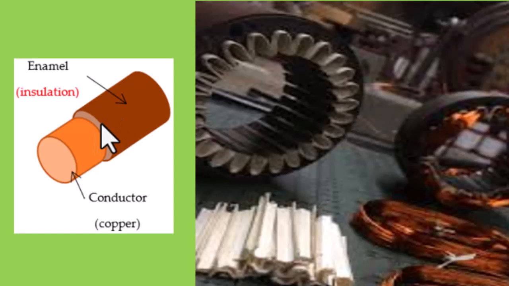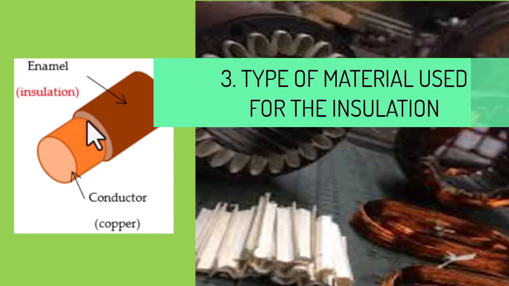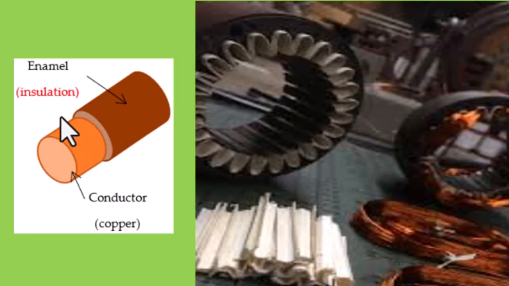The thicker it is, the higher the breakdown voltage, which means that you can use it in higher voltage environments. Are we getting it? Then the third factor that influences its classification is the kind of material that is used to insulate the conductor, the type of material used to enamel the conductor.